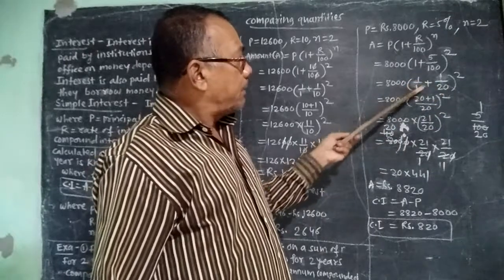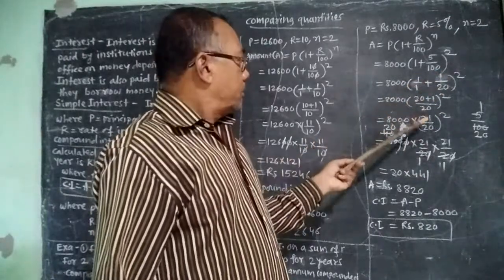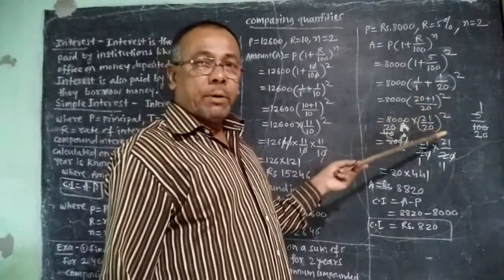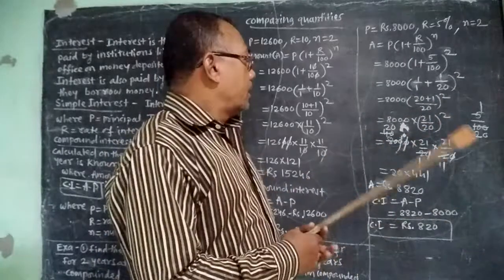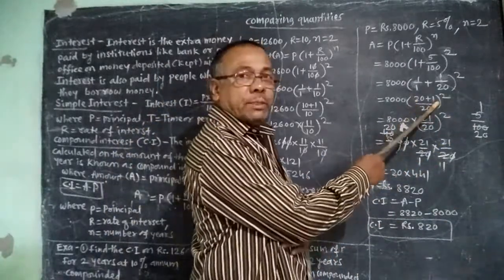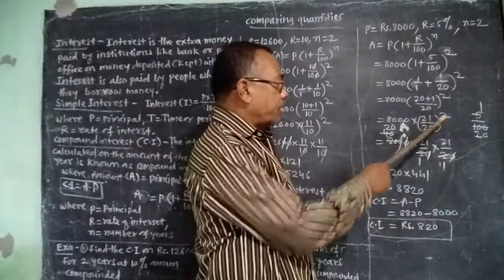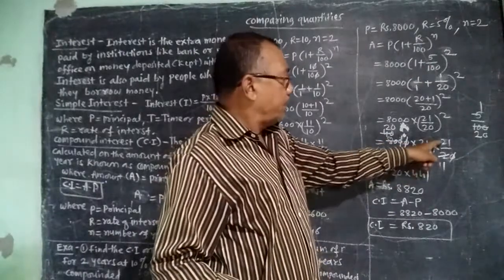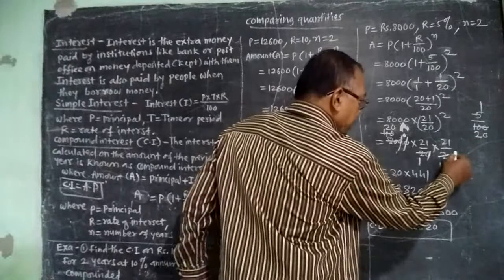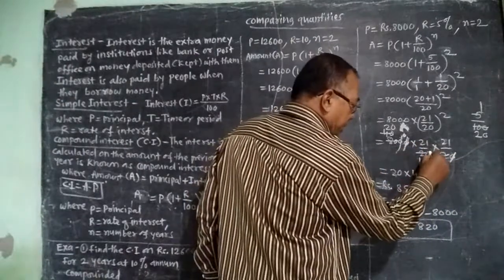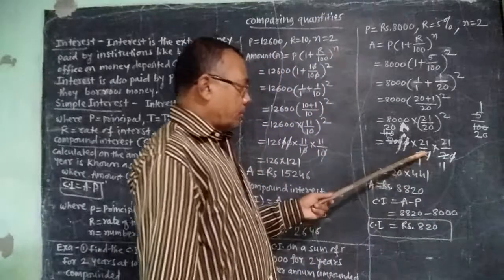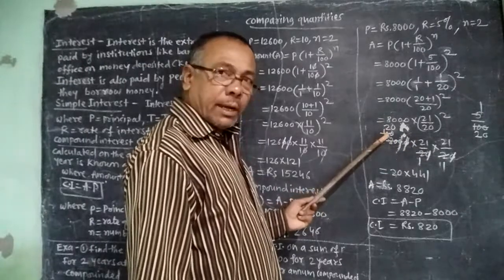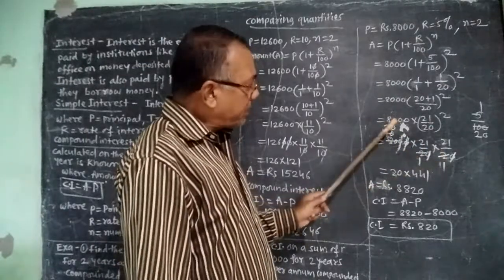Here we have to cross multiply, 20 ones are 20 and 1 divided by 20 ones are 20. So 8000 into (20 plus 1 upon 20) squared. So 8000 into 21 upon 20 squared. Here we can write 8000 into 21 upon 20 into again 21 upon 20. We will cancel the zeros, and after dividing 80 by 2 we will get 40, and after dividing 40 by 2 we will get 20.